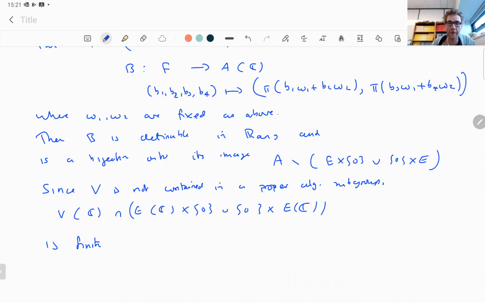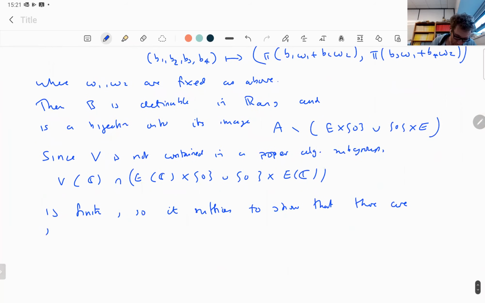So it's enough to prove that there's finitely many torsion points on V lying in the image of B. So if I show that there are finitely many torsion points in V intersect the image of B.